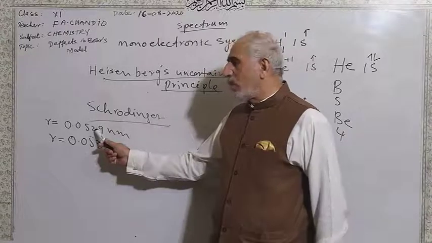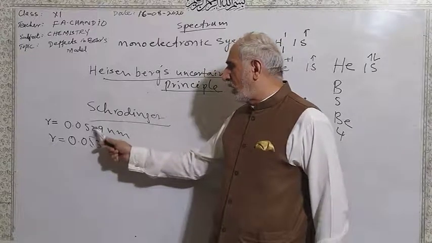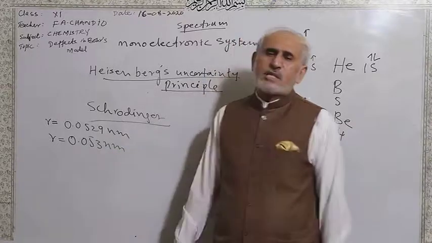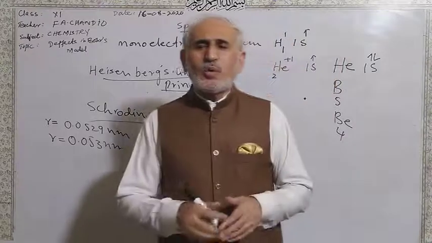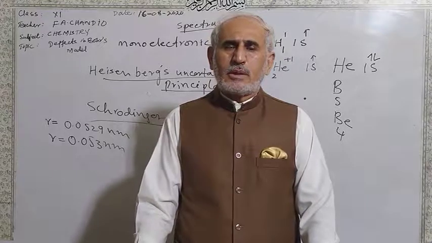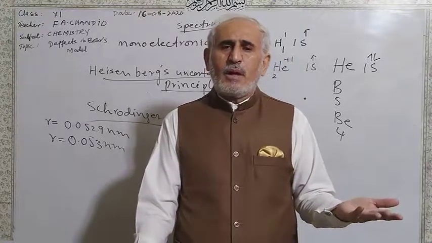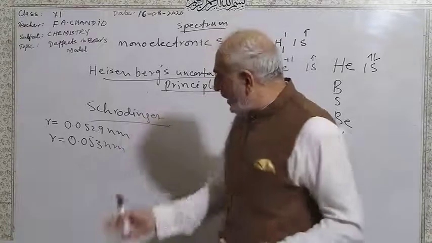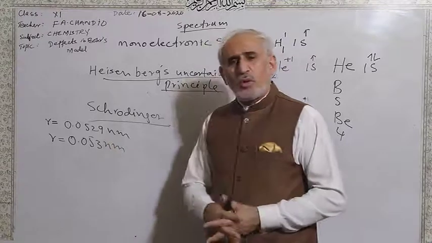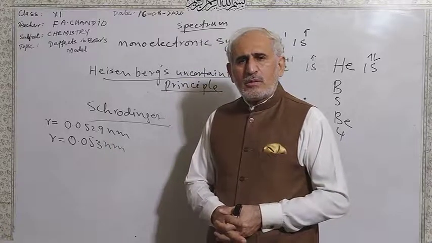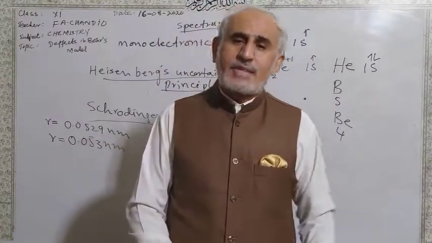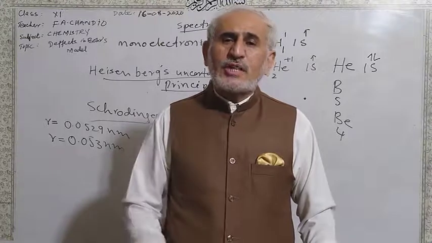This is for the Bohr model and this is the latest. If you round off 2.9, you get 3, 100% the same. It means that you can't discard the Bohr model. There are some defects, but you can't completely discard it, because the calculation of radius by Schrödinger and by Bohr is the same, no difference. That is why this model still exists. We can't discard it completely.